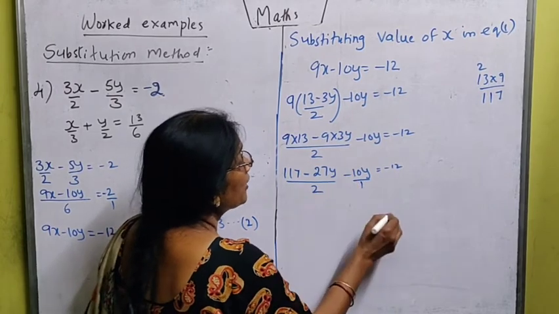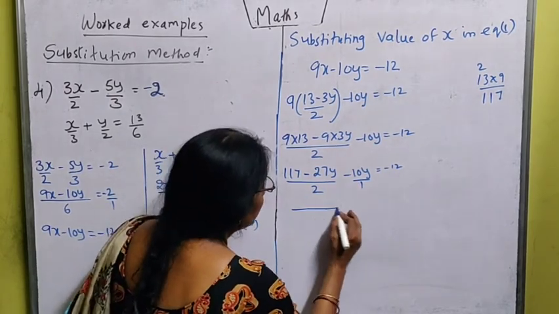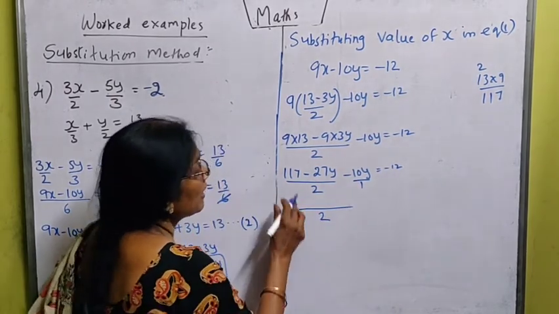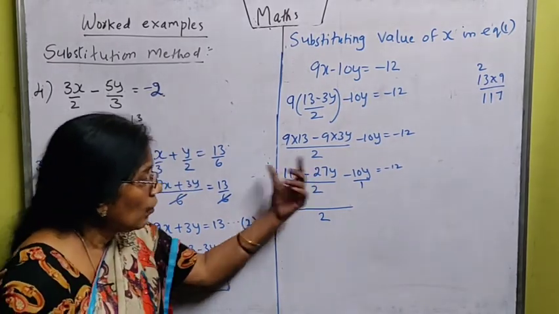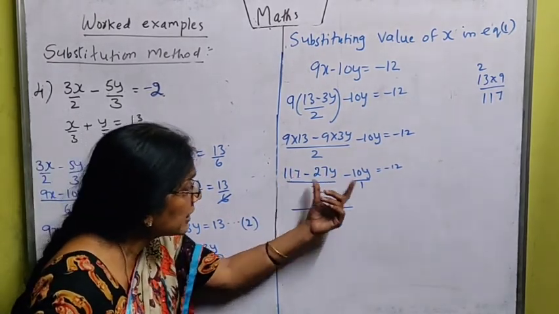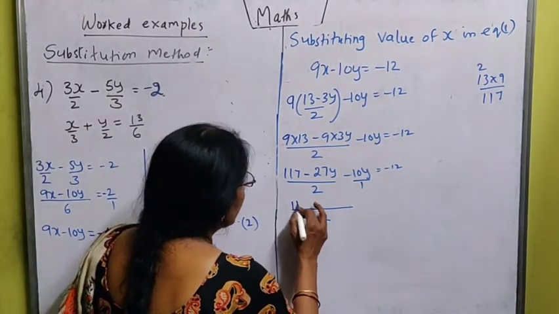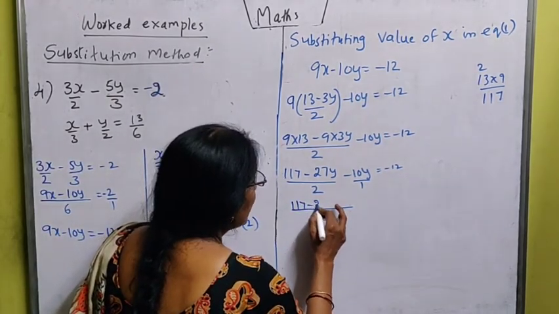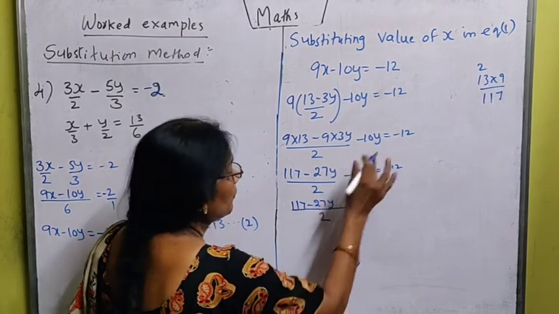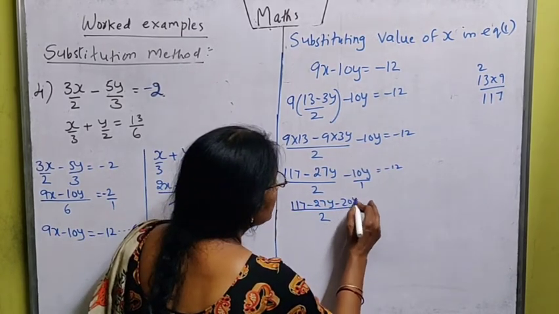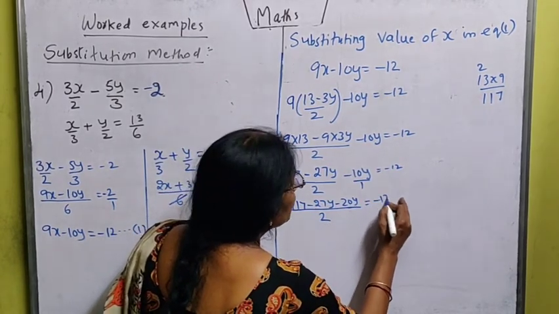Again I told you what you have to do. The denominator will be 2. You have to cross multiply. First, 117 minus 27y into 1 will remain the same because 1 is there. So 117 minus 27y. Now you multiply, minus 20y is equal to minus 12.